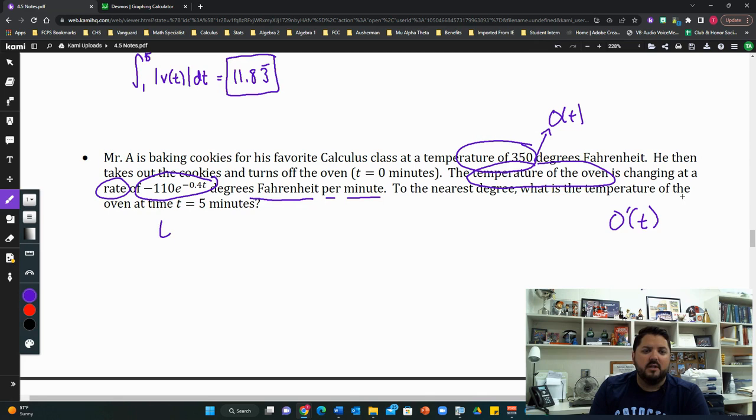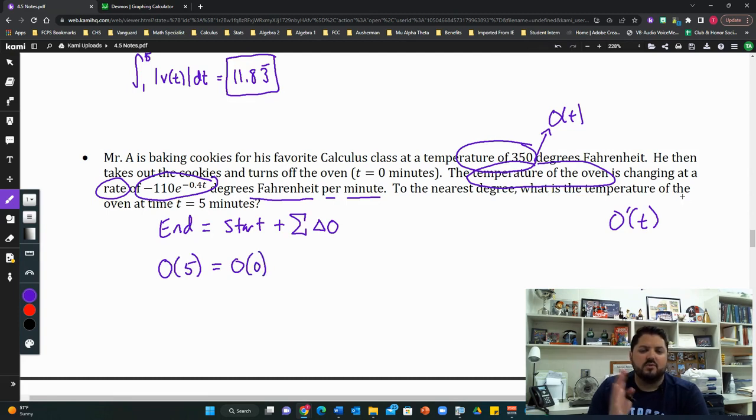So in this case, I'm setting up that I want to know an end value, and that is equal to a start value plus the sum of change. And in this case, we're going to be looking at the sum of the oven's temperature change. So my end value is the oven temperature after 5 minutes, and that would be equal to the oven's temperature at the beginning. Now I'm just realizing that O and 0 look very similar. Sorry about that.